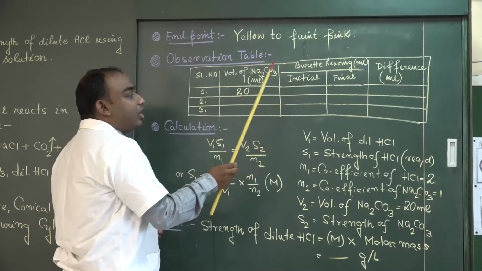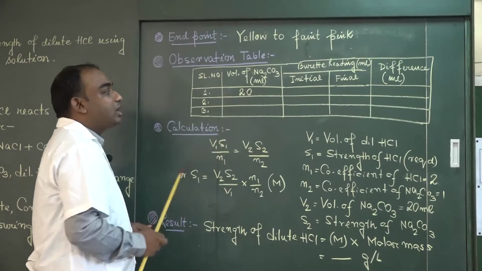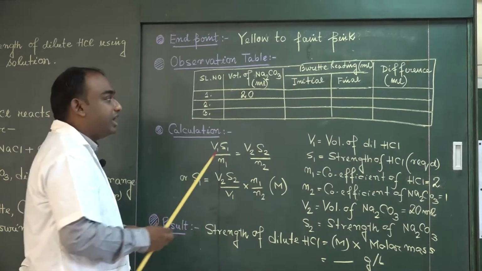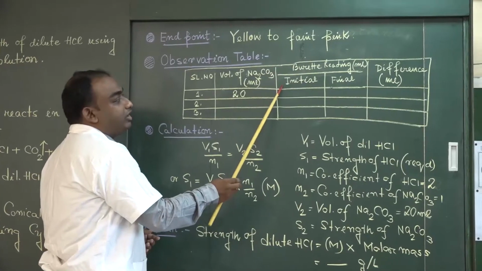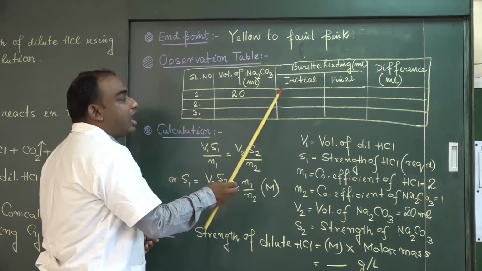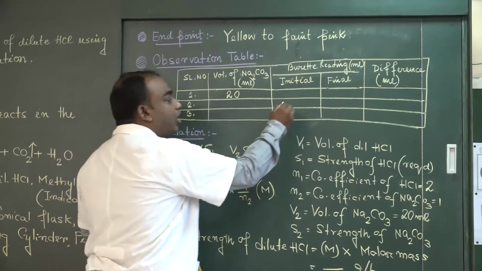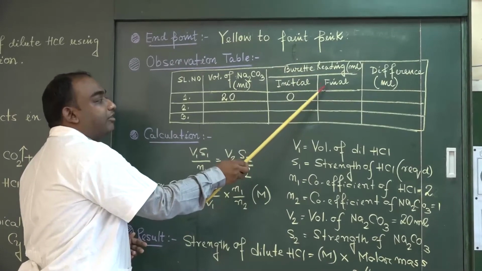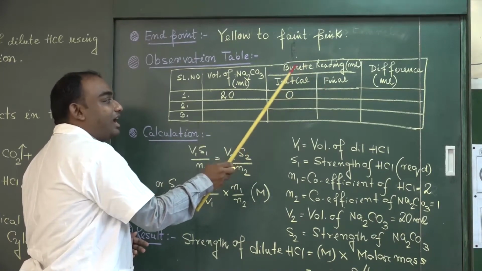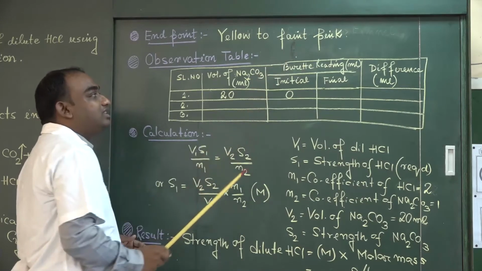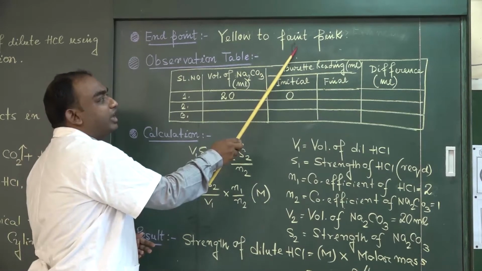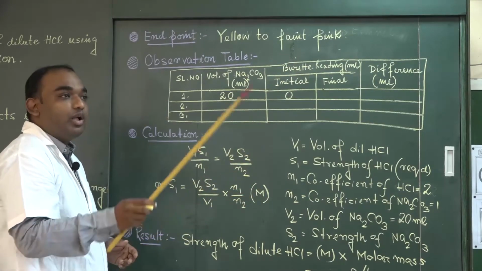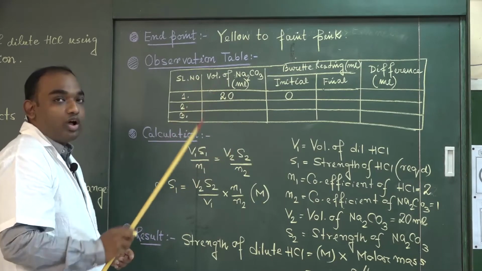Now, what is the range of this burette marking? It starts from 0 and ends at 50. So whenever we carry out our titration, our initial value will always be 0. Final means the reading at which this pink color has arrived. We have found that this pink color arrived at the reading of 20.7, which we found through our burette reading.